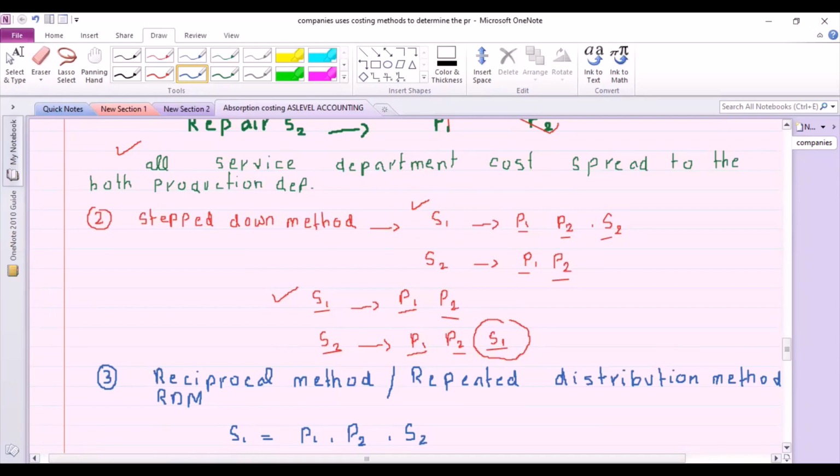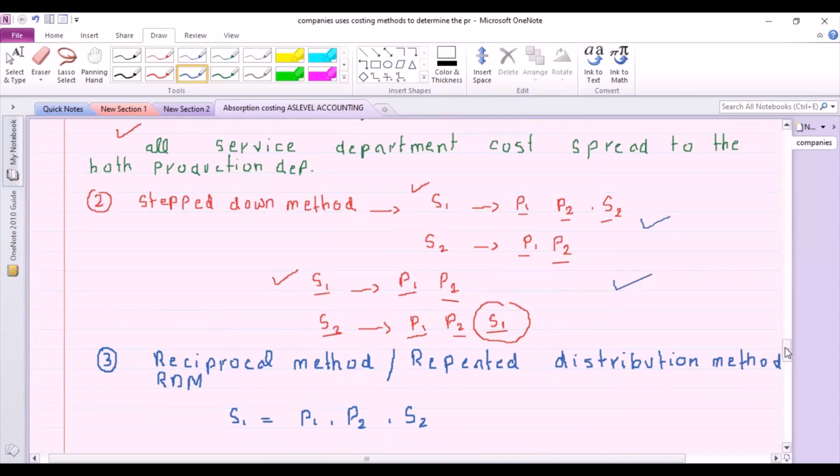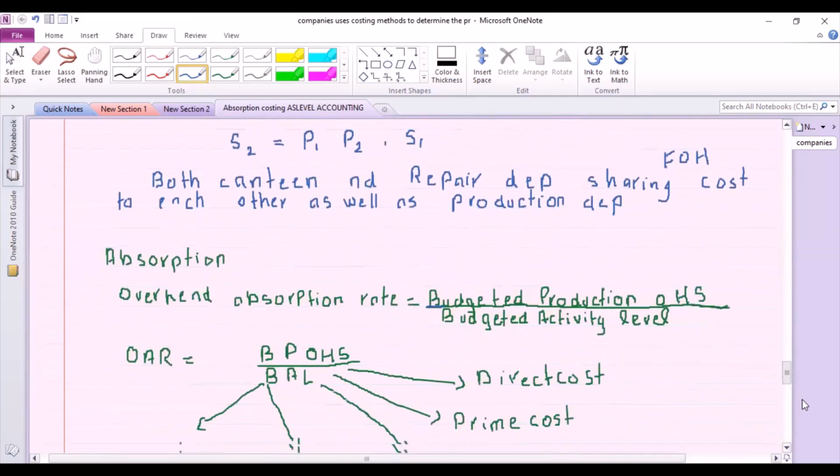And maybe the other case happens in which S1 may be sharing its fixed overhead cost to P1 and P2, and S2, basically service department 2, shares its fixed overhead cost to P1, P2, and S1. Okay, so of both cases, only one case will come into your exam.